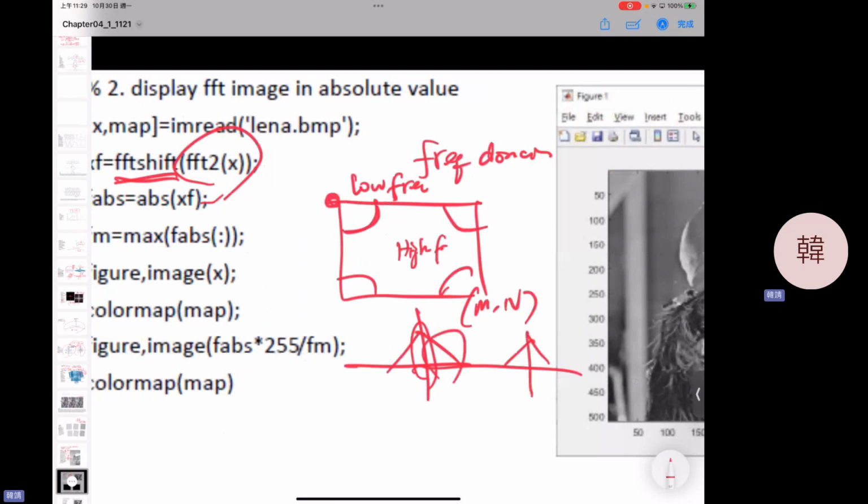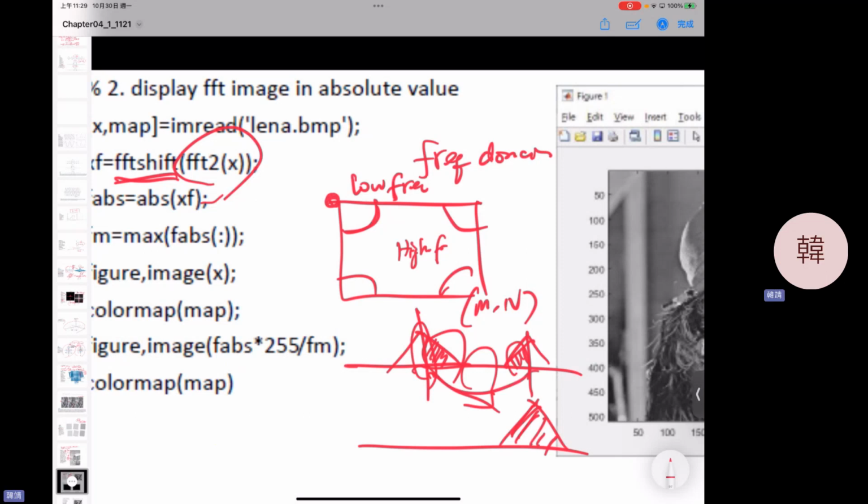You look at this corner, right? The 0 is down here. If you don't do anything, you will see the image like this with nothing in between. So how can you do it? You are going to shift it into there.